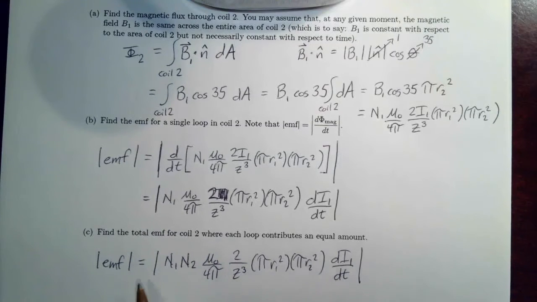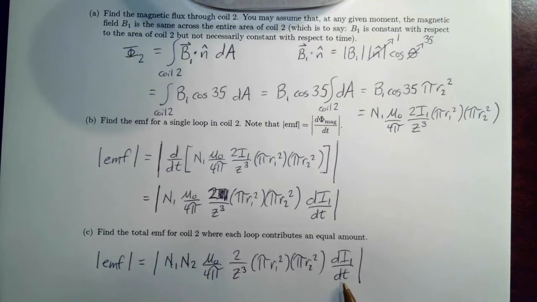Okay, so this is an interesting formula. Look, it's got both N1 and N2 in it. It has R1 and R2 in it. So clearly the geometry of both coils is very important in determining what the final EMF is going to be in coil 2.